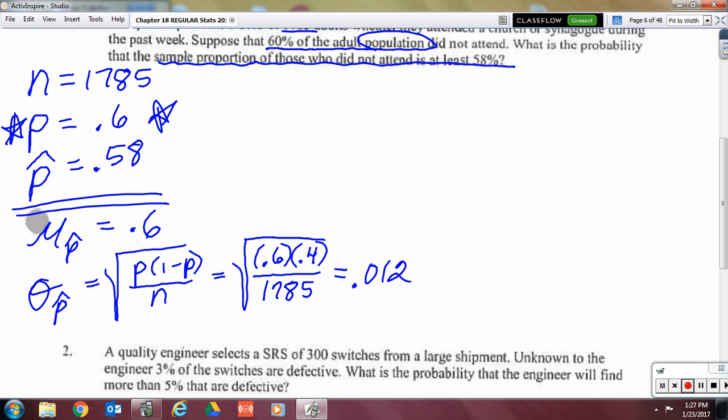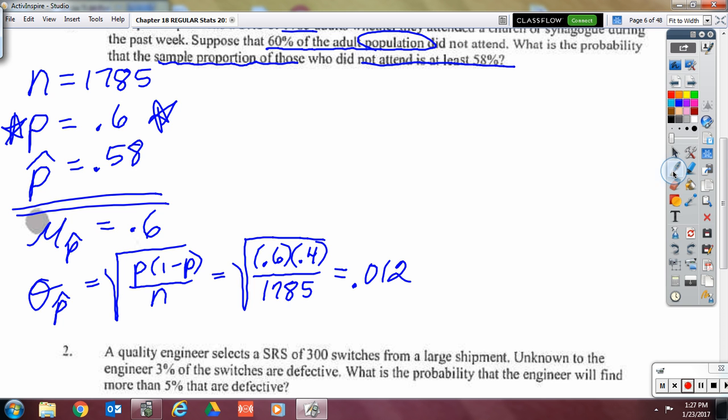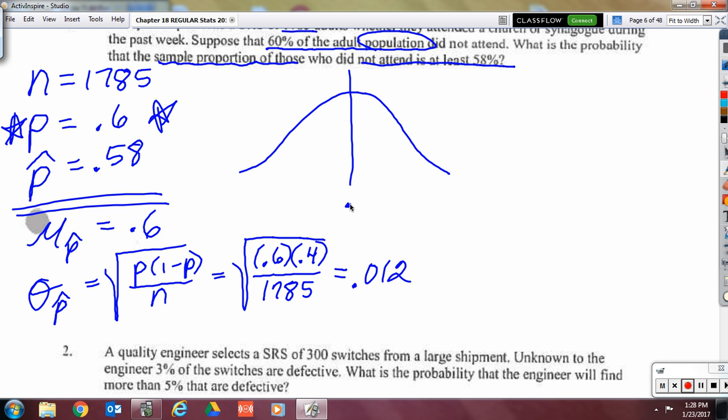All right, so I want you to envision that we're talking about a sample proportion. So we're talking about a normal model that is centered around 0.6, and it has a whole lot of these little p hats in there. Why are all these p hats in different places? What makes us have all these different p hats?